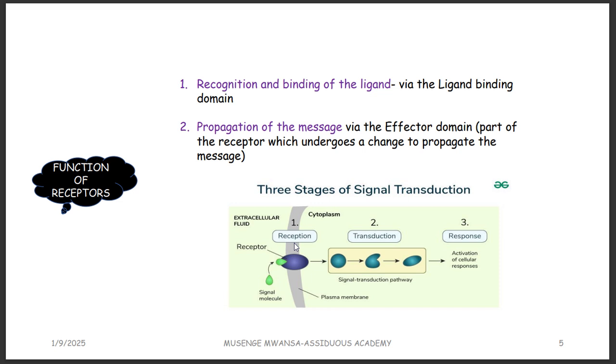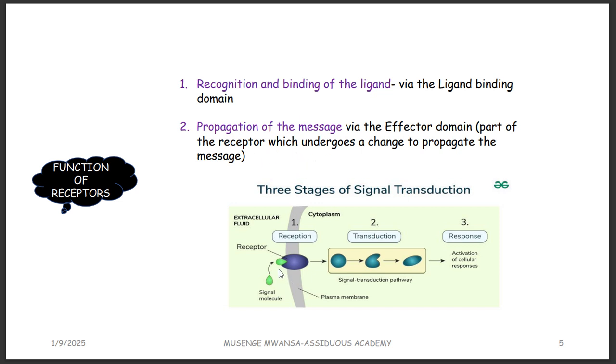So what is the function of a receptor? You need to know this. The function of the receptor is to bind the ligand. The ligand in this case is the drug, or it can be the hormone. When the drug comes, it is going to bind to this receptor, and then there's going to be the pharmacological effect.